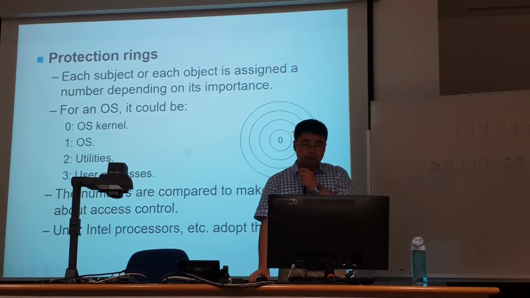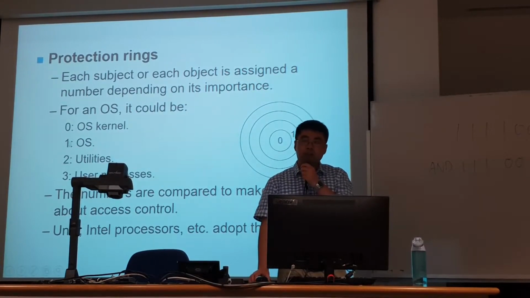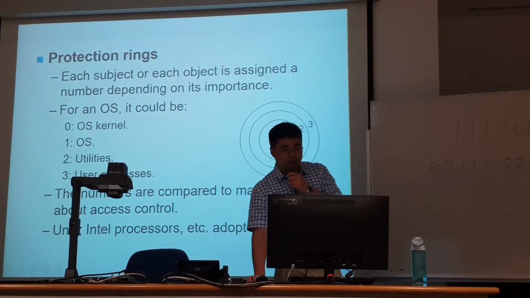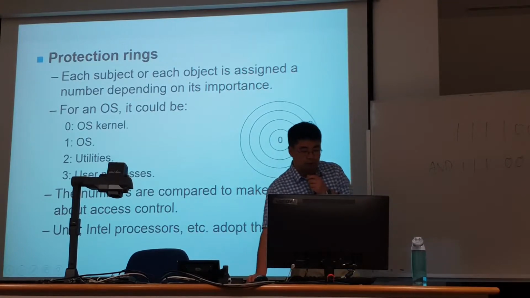Ring 0 has the highest privilege. Ring 1 has a lower privilege than 0, and ring 2 has an even lower privilege. Ring 3 has the lowest privilege. If you look at the entities, 0 means the OS kernel, 1 means OS, 2 means utilities, 3 means the user processes.